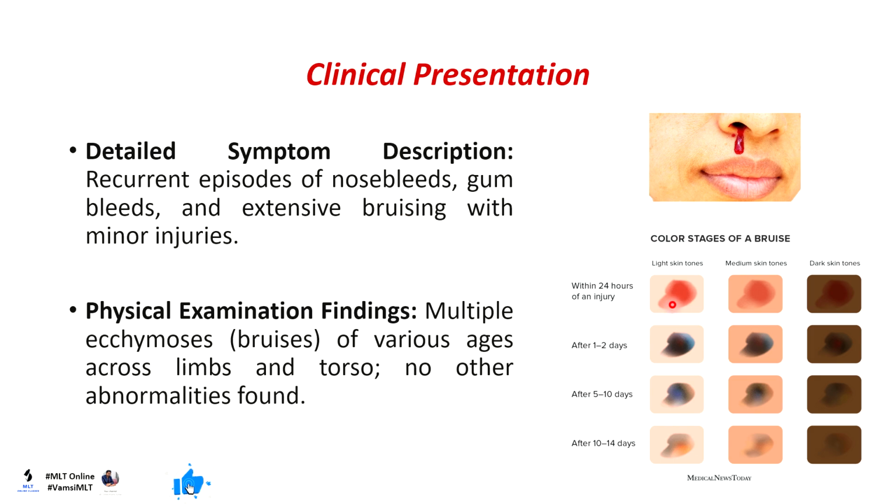The skin bruising in various stages has been seen in her body. This indicates she is suffering from some internal bleeding disorder that is causing her bleeding problems. Upon physical examination, multiple ecchymoses or bruises of various ages across limbs and torso were observed, and no other abnormalities were found in this patient.